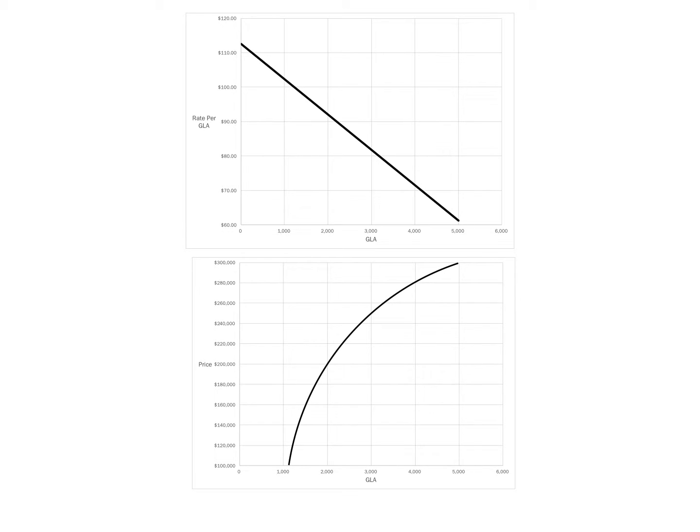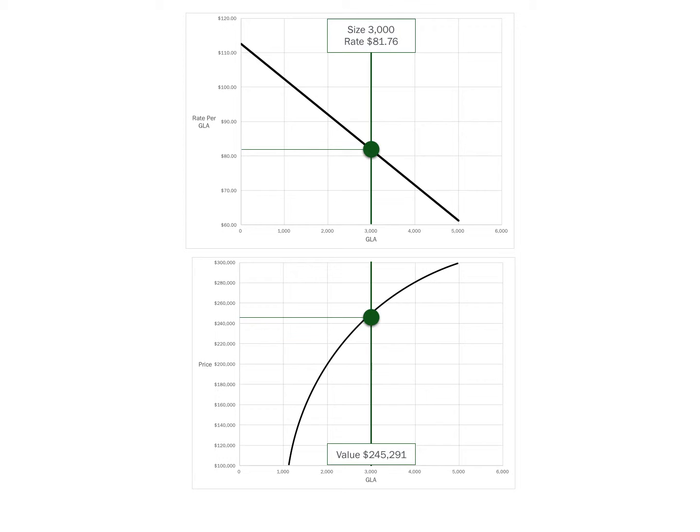So if we just touch either one of these, the program will display a vector for you on both graphs, and it will also display the size of the property that you're looking at, as well as the rate that's been computed off the line. And from the size and the rate, it will compute the value and display both of those.